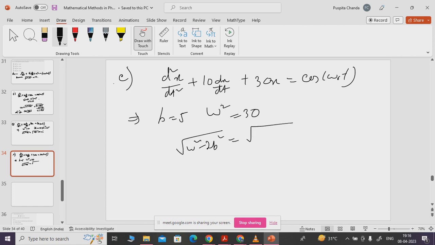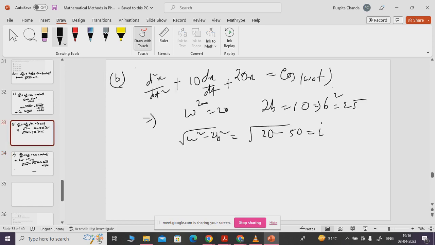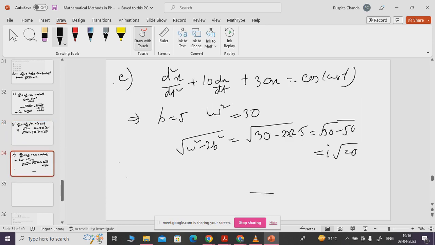So root over omega square minus 2b square, which is 30 minus 2 into 25, 30 minus 50. It also has an imaginary component, i root 30.